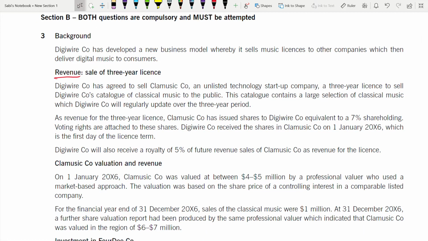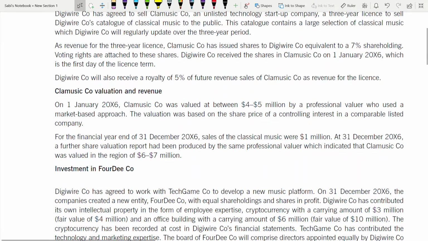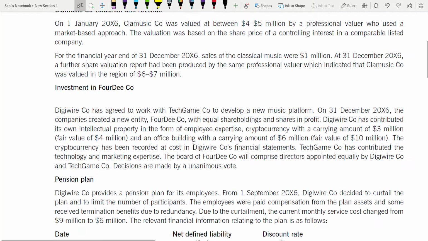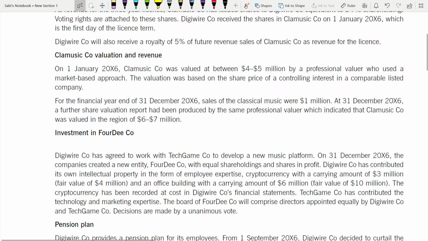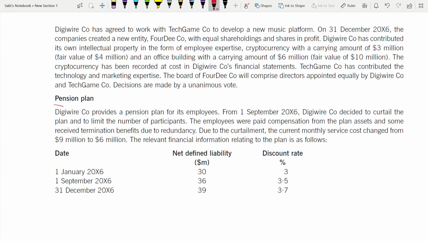There could be more IFRS or IAS included in one. Then we have valuation and revenue, then we have investment. From these two paragraphs, it's not very clear which IFRS or IAS it is. Pension plan, we know it is IAS 19.